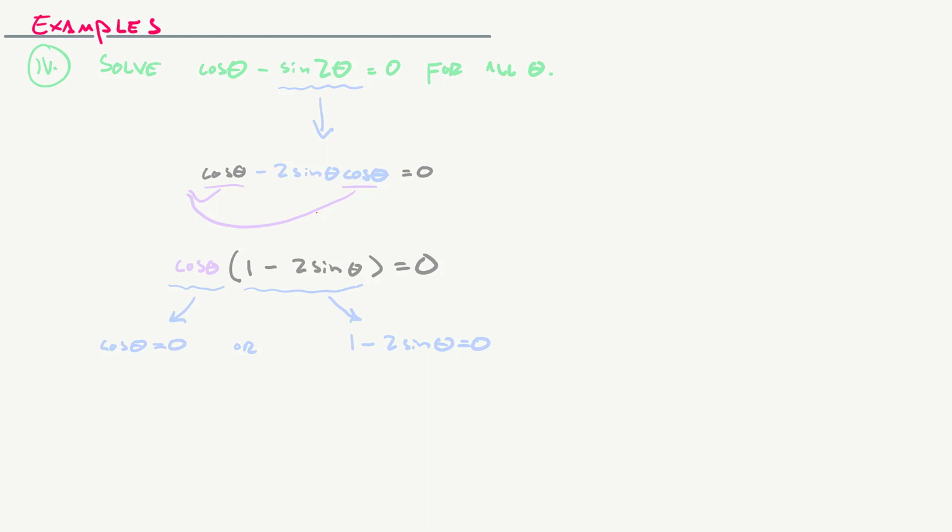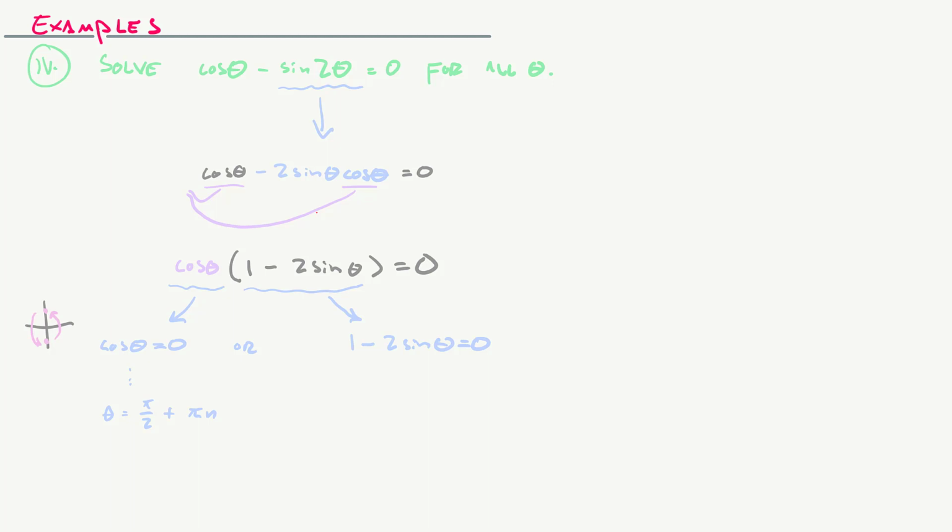The cosine function gives you 0 whenever you're coincident with the y-axis, which is at pi over 2 and 3 pi over 2. Now, this is one of those rare situations where you can actually get away with doing a plus pi n, even if we're using the cosine function, because pi over 2, which is the first solution, and 3 pi over 2, which will be the second solution, are exactly pi distance apart.